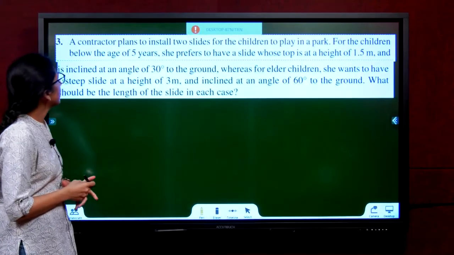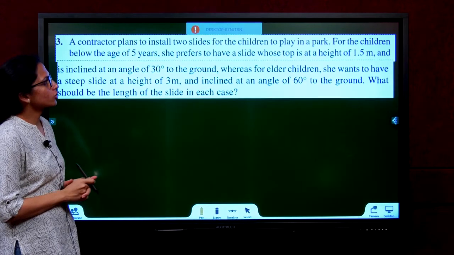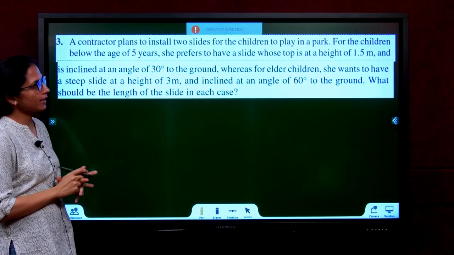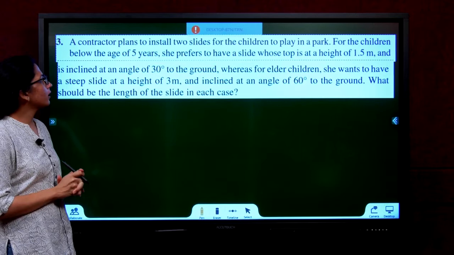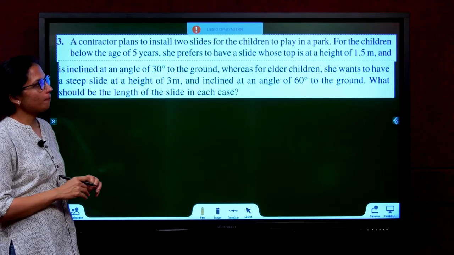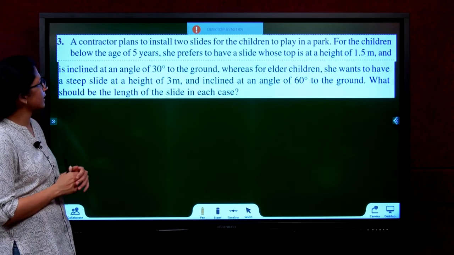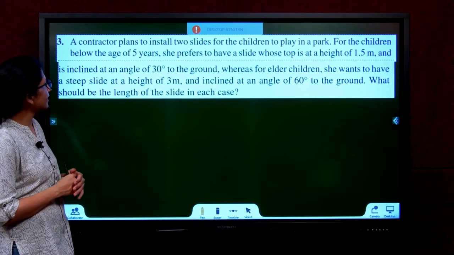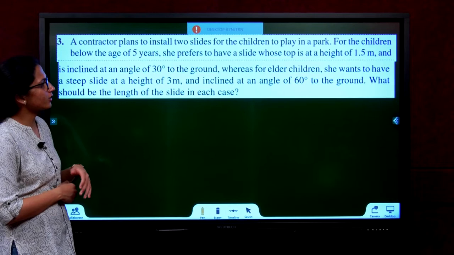Question 3. A contractor plans to install 2 slides for the children to play in a park. For the children below the age of 5 years, she prefers to have a slide whose top is at a height of 1.5 meters and inclined at an angle of 30 degree with the ground.